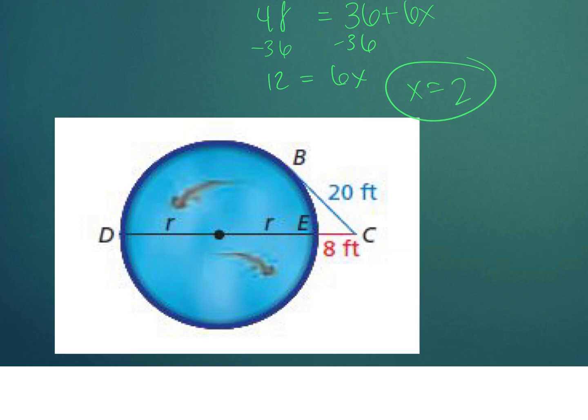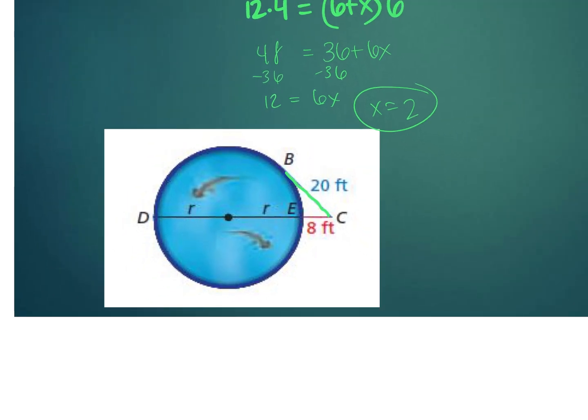Let's do this one. CB is a secant or a tangent? Tangent, because it only has an external part. What do we do with tangents in our formula? 20 times 20, so it'd be 20 squared, equals, is that bottom one a secant or a tangent?